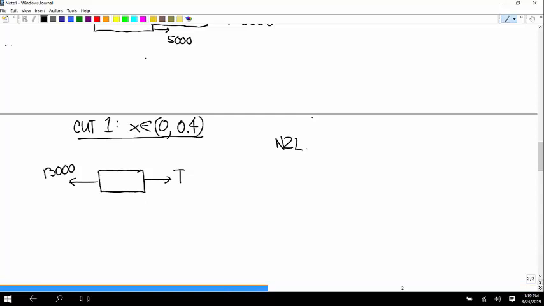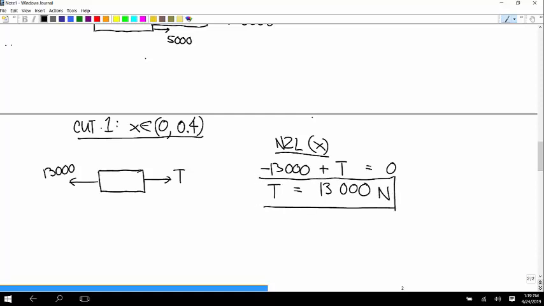And so Newton's second law component says negative 13,000 plus T is equal to 0. So T is equal to 13,000. And so that's the internal tension for that whole first half, for that first part.